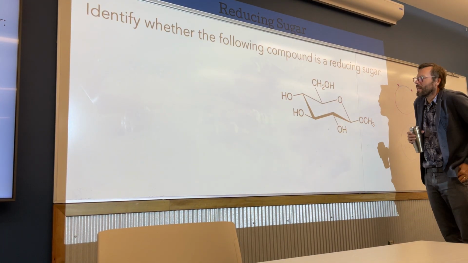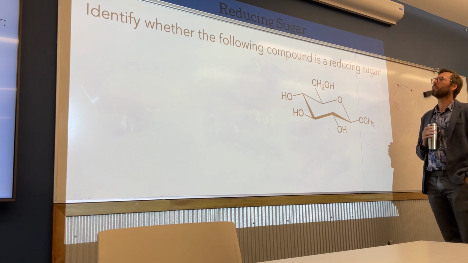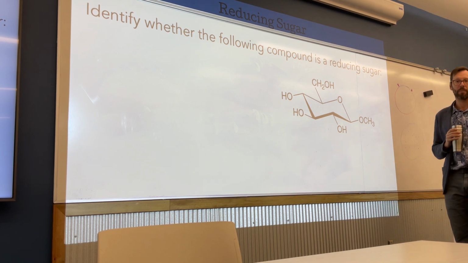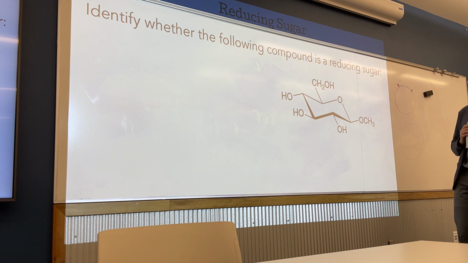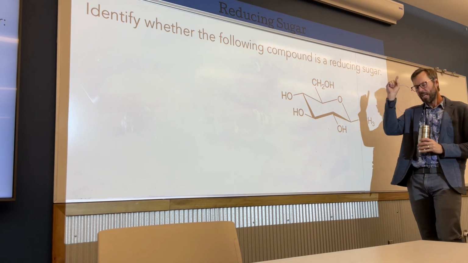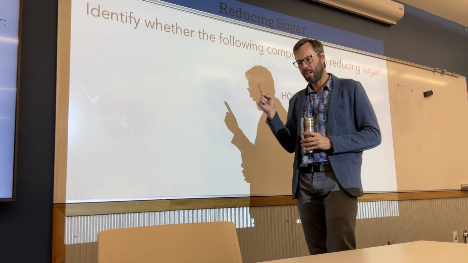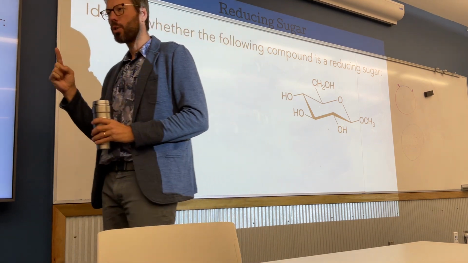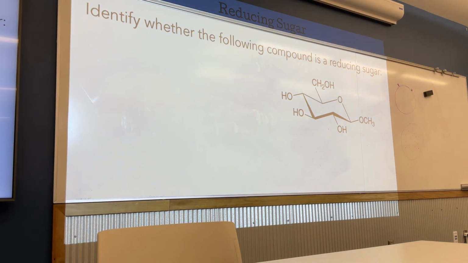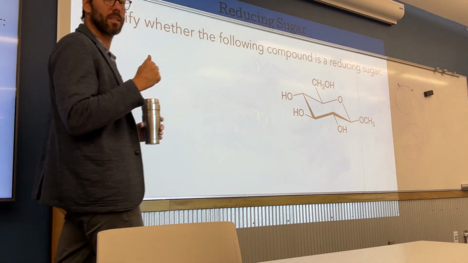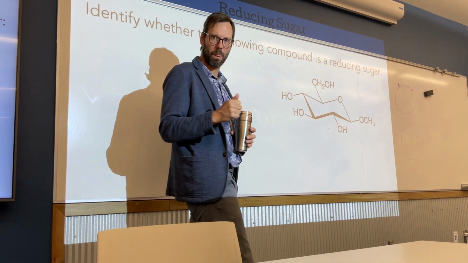So how can we predict whether or not a sugar is reducing? Well, we have to look at it and say, for one, is there a hemiacetal? Because what is a hemiacetal indicative of? An aldehyde. If it's a ketone, it's going to be an acetal.